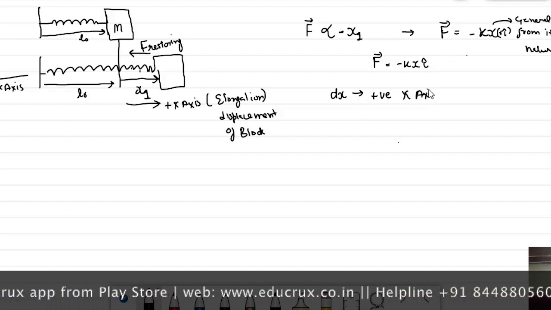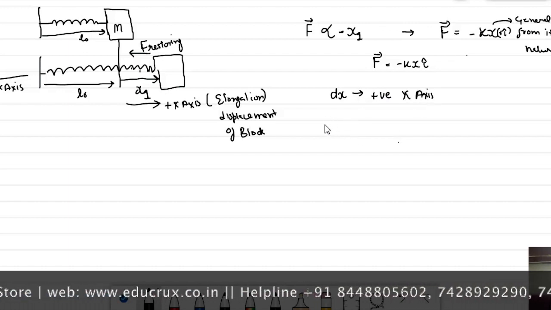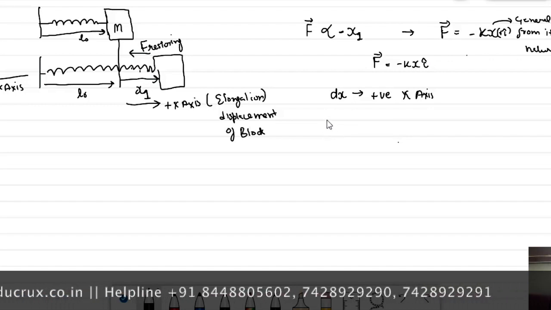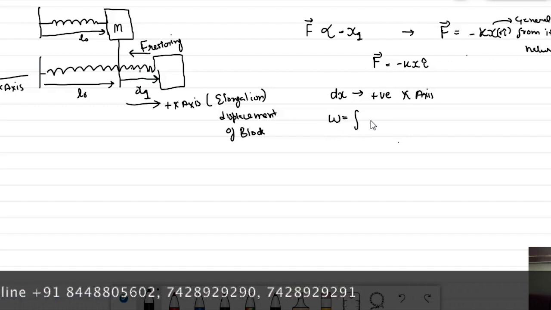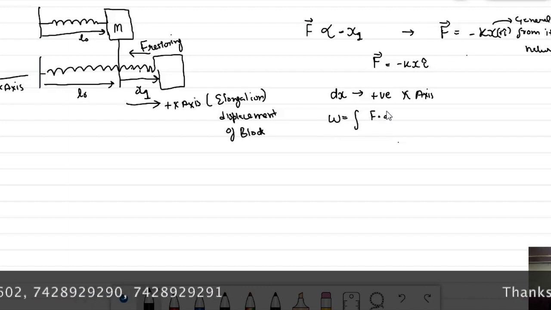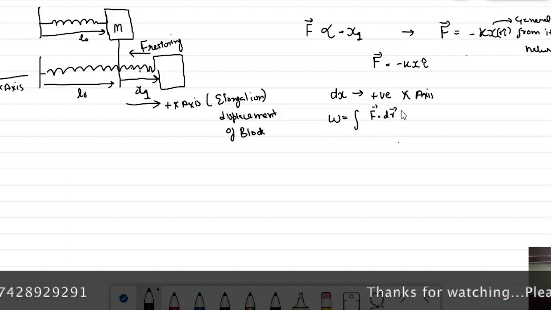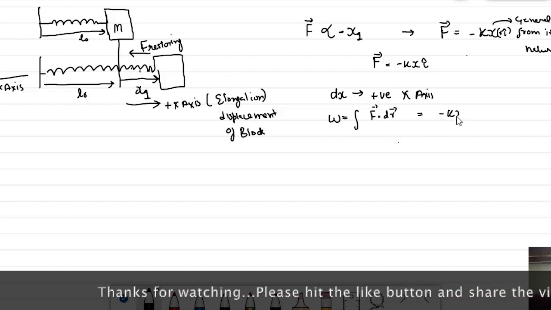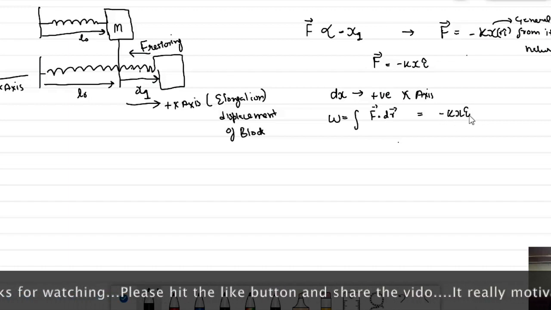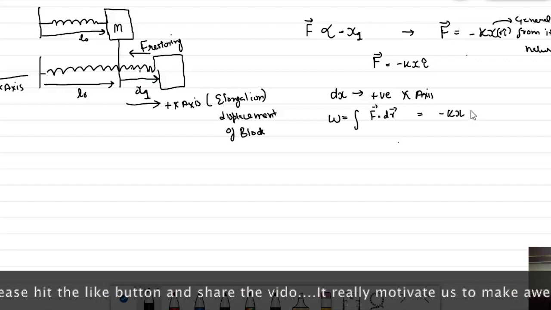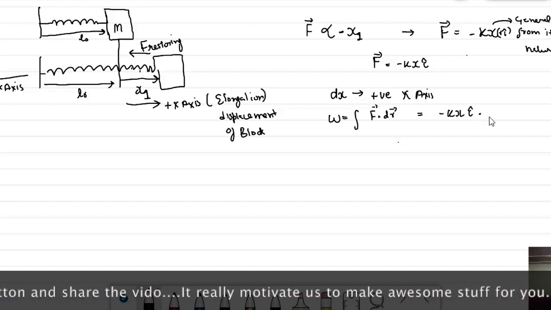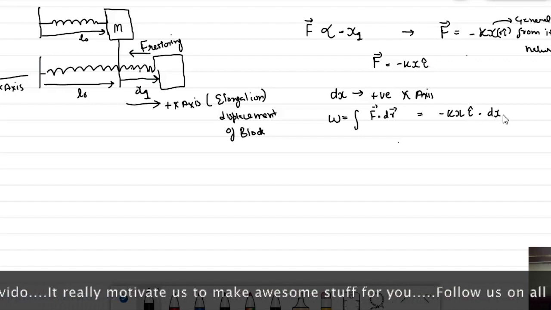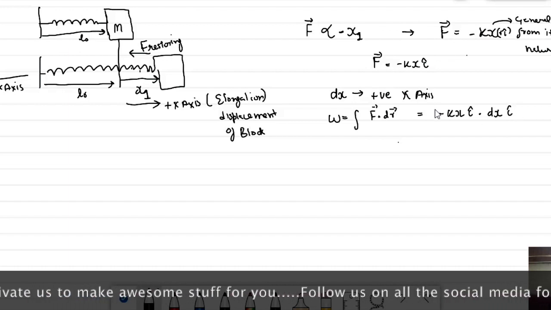So if I now calculate the work done by the spring force, then W is equal to the integral of F dot dr vector. F is equal to minus kx i cap, dot dx i cap.